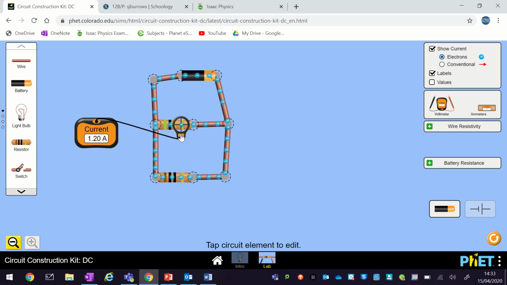So changing these resistors does change the current going through them, but it doesn't change the potential difference across them. These two will be 6, regardless of what we do to the resistance. And what you'll spot here is that this is 1.8, so its current is 1.2, and 0.6 gives you 1.8. So actually in parallel, it's the currents that add together to give you the final result in there.